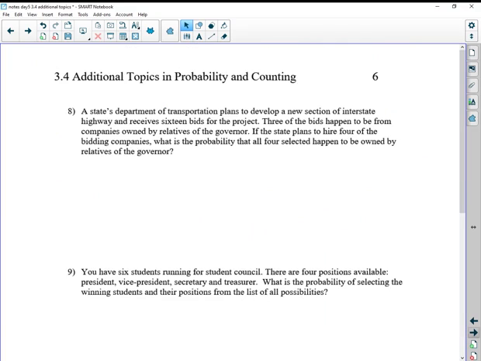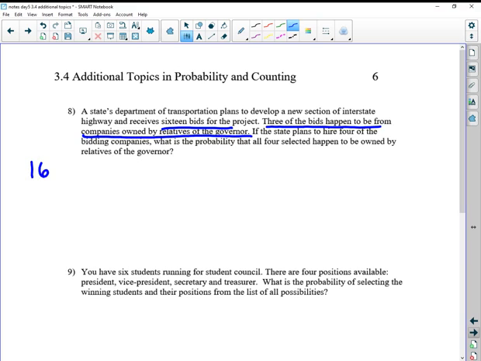The State's Department of Transportation plans to develop a new section of interstate highway, and they get 16 bids for the project. There are 3 bids that happen to be from companies owned by relatives of the governor. So we have 16 bids. There are 3 that are governor, using G for governor, and 13 N for not governor.